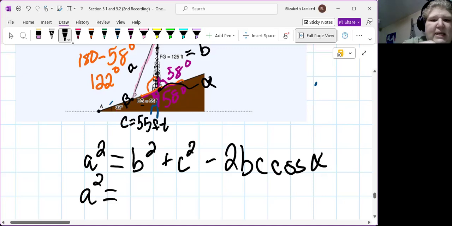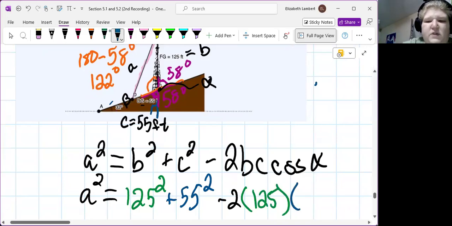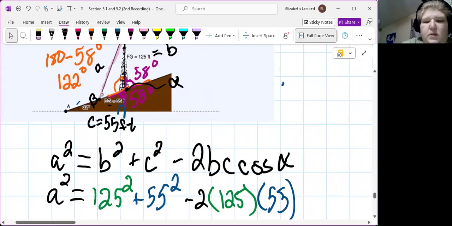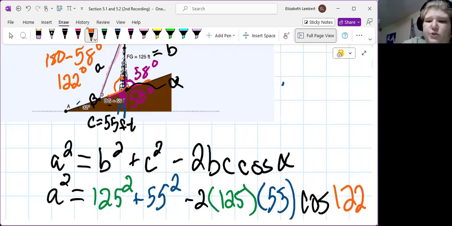So b is 125 squared plus c is 55 squared minus 2 times 125 times 55 times the cosine of 122 degrees.